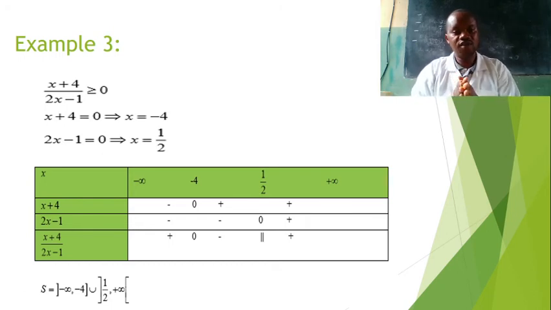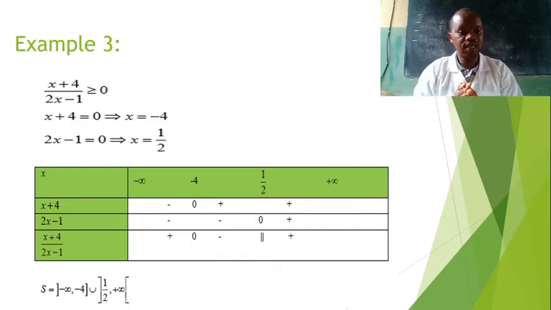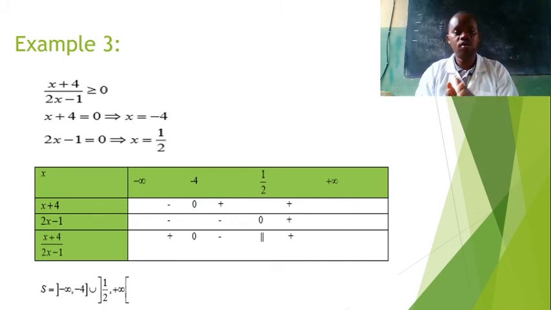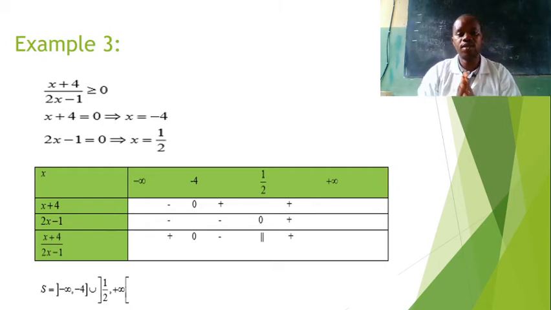If we take, for example, minus 6 and replace x, we have minus 6 plus 4, then you get minus 2. It means that the minus is the one that will be put there. And we will take any number between minus 4 up to positive infinity. We can take even 0, and then we will get positive.